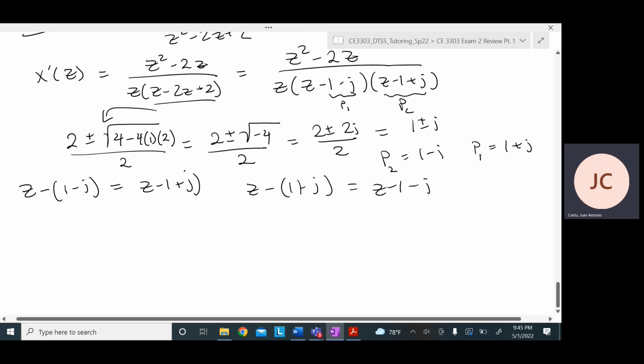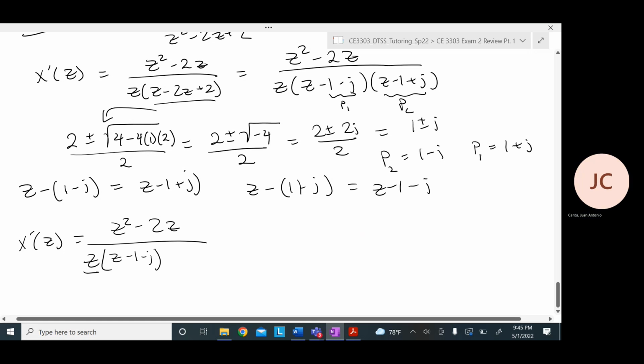So now if we take this, we've got X prime of z is equal to z squared minus 2z over z. We've got three terms: z, z minus 1 minus j, and z minus 1 plus j.